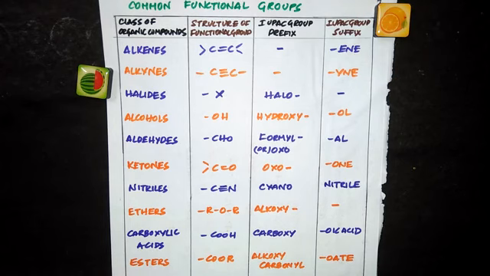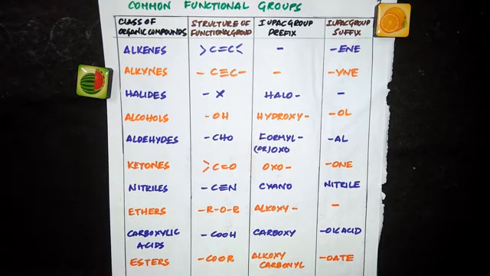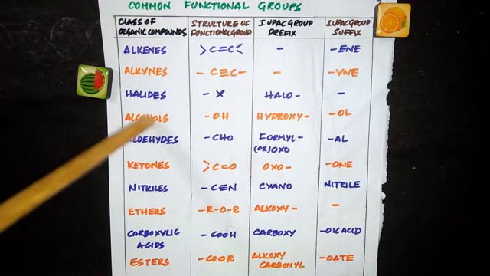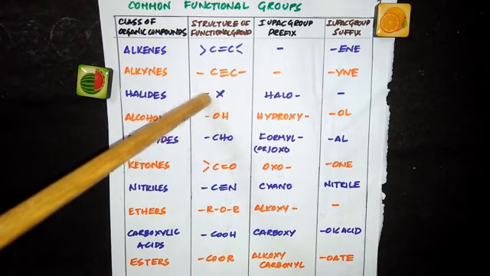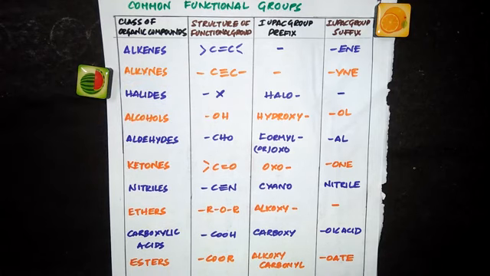Next comes halides. X can be fluorine, chlorine, bromine or iodine, halogens. I told you all the other organic compounds other than hydrocarbons are derivatives of hydrocarbons. How will you get the other compounds? By replacing one or more hydrogen atoms in the hydrocarbon.